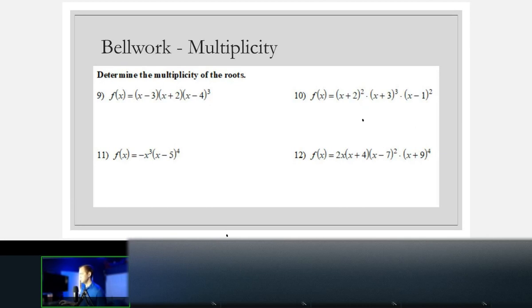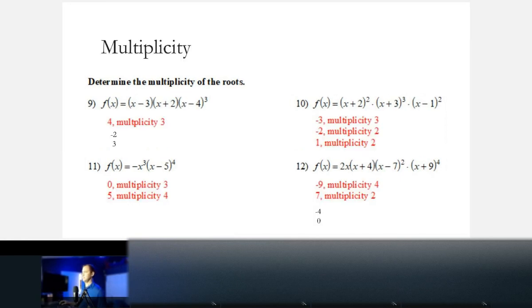So, just to save time, we will go on and just show the answers. All right, so here's the answers for these 4 questions. How did everyone do on those 4?